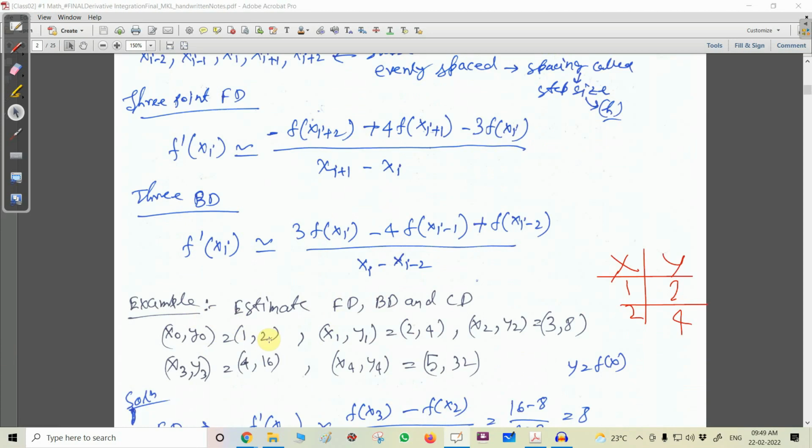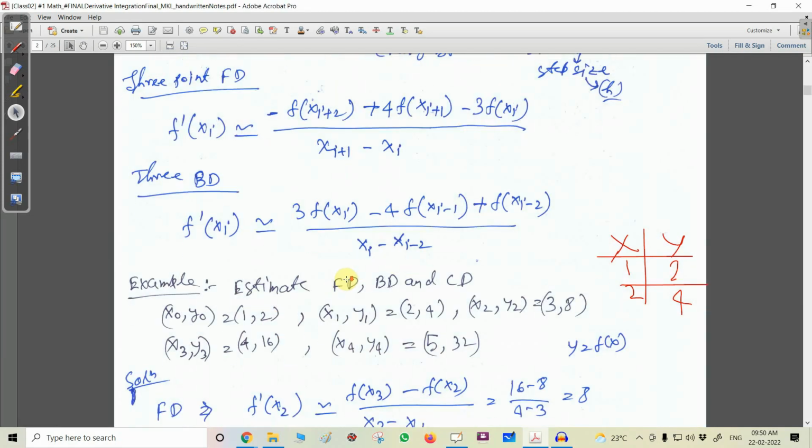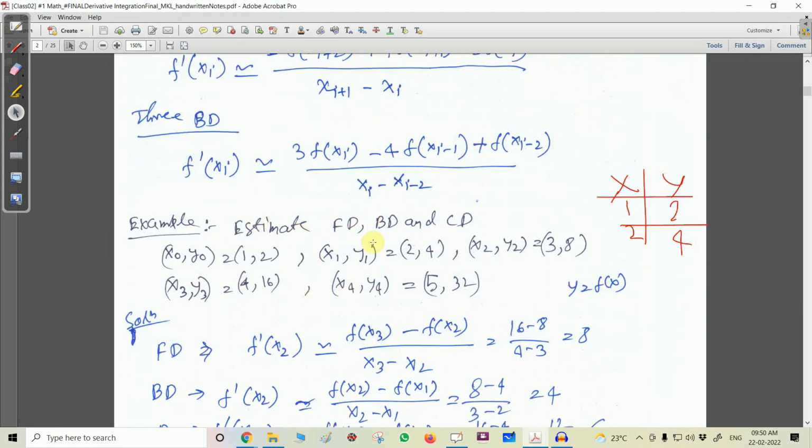Let's wrap it up very fast. Then we'll go to the main topic, that's the Newton forward interpolation formula. Are you done up to this? Okay, so now write this down.